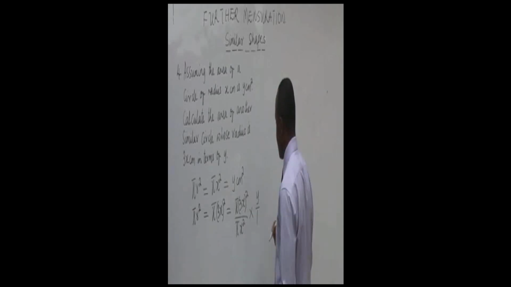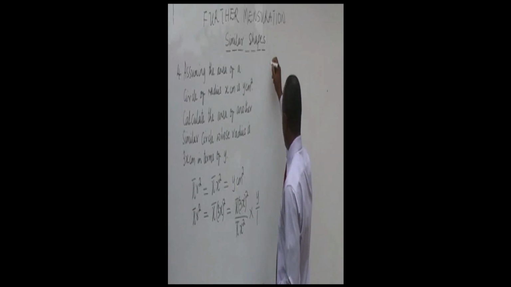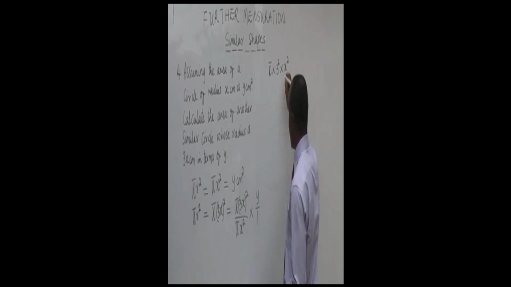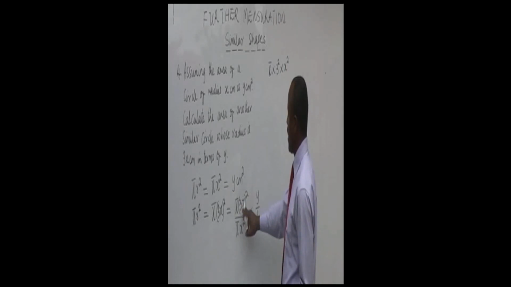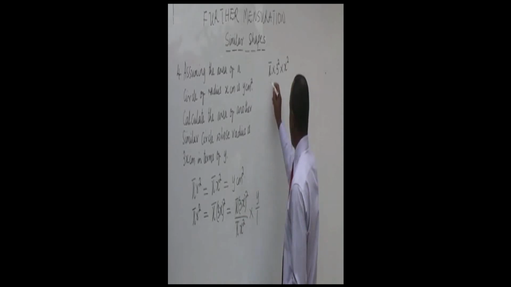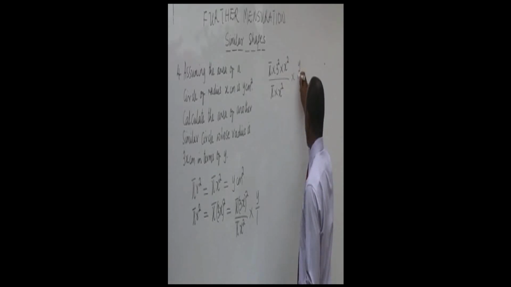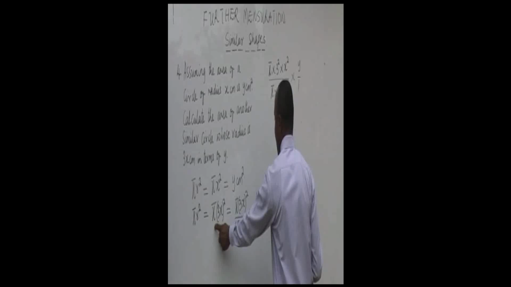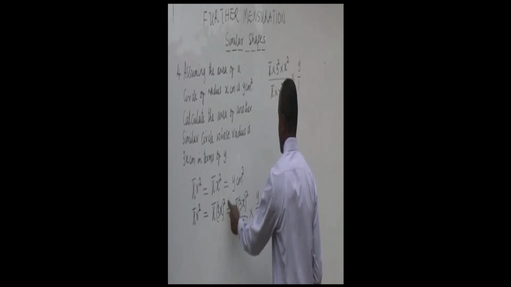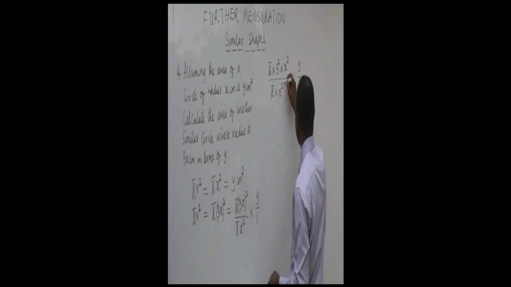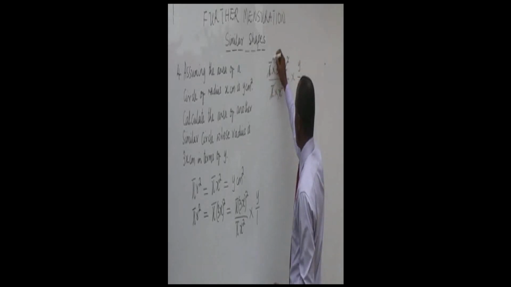What this means is that pi times 3 squared times x squared, that's the meaning of pi (3x) squared, all over pi times x squared in the denominator, now times y all over 1. You can cancel pi and pi up and down.